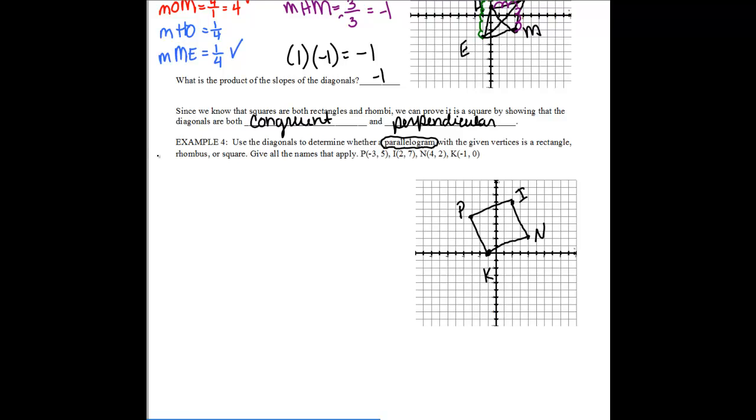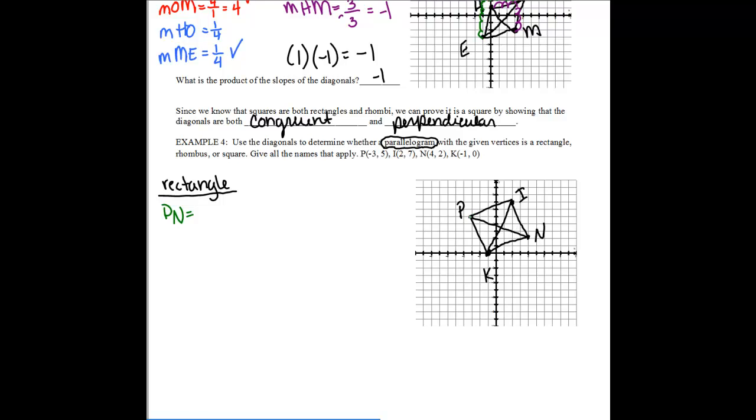So first let's figure out if it is a rectangle. So are the diagonals congruent? So we have to find the length of the diagonals. So what is the length of PN?